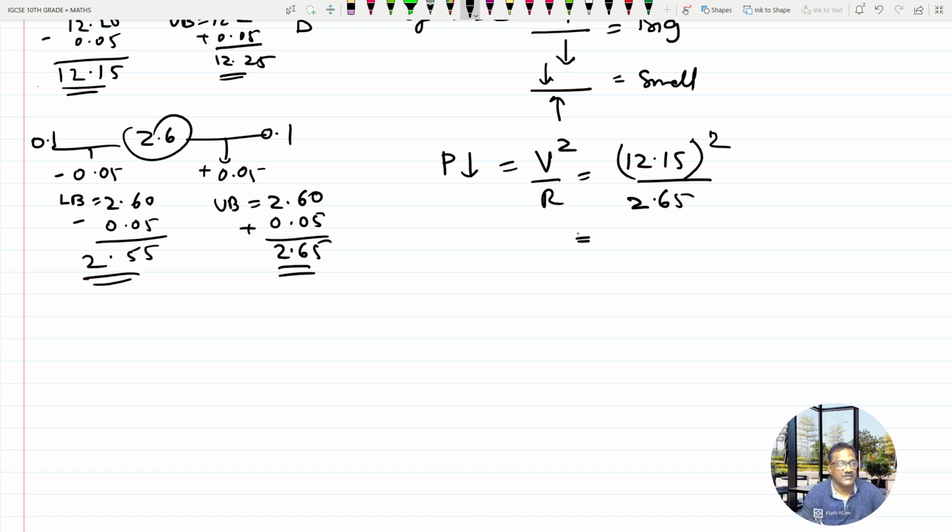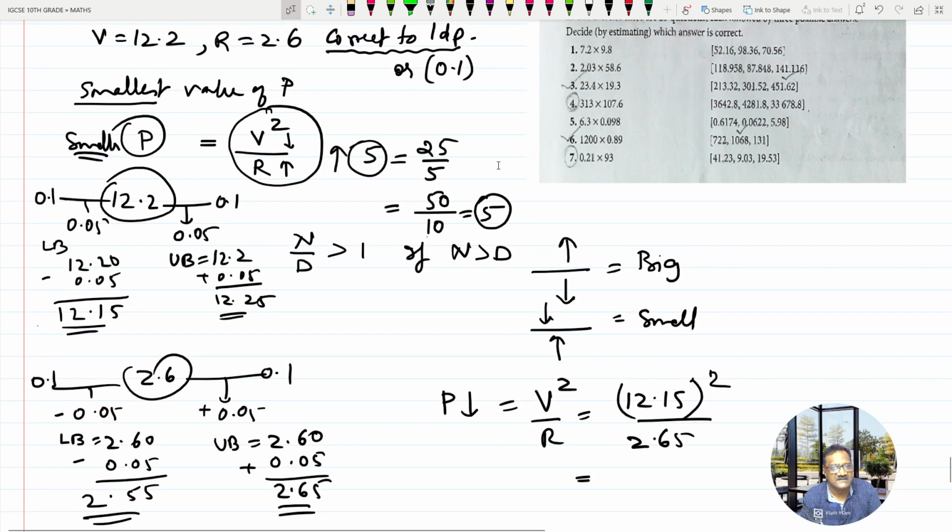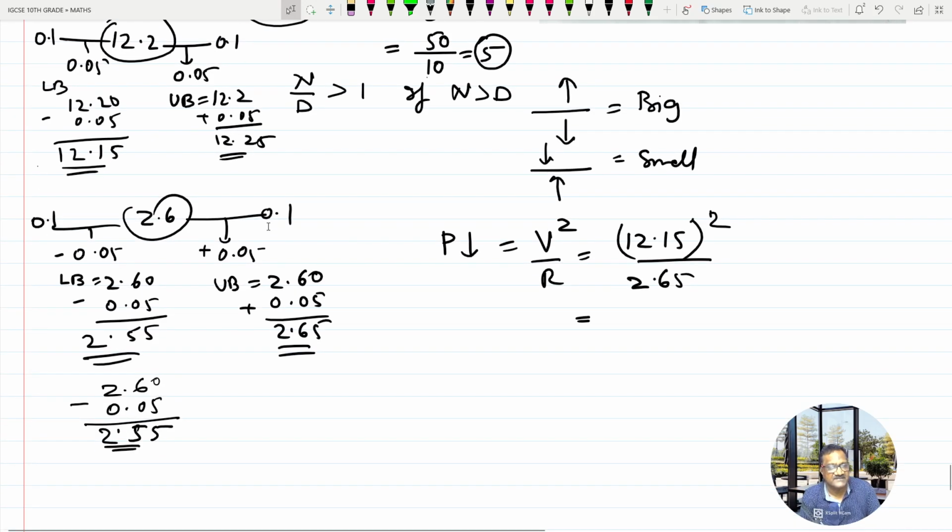Some mistake over here. Lower bound will be 2.6 minus 0.05. So 10 minus 5 will be 5. Yeah, 2.55 is correct. I think R also I'll have to take, no, 2.65 only. So 12.15 upon 2.65 is correct. So I think there's some mistake over here.